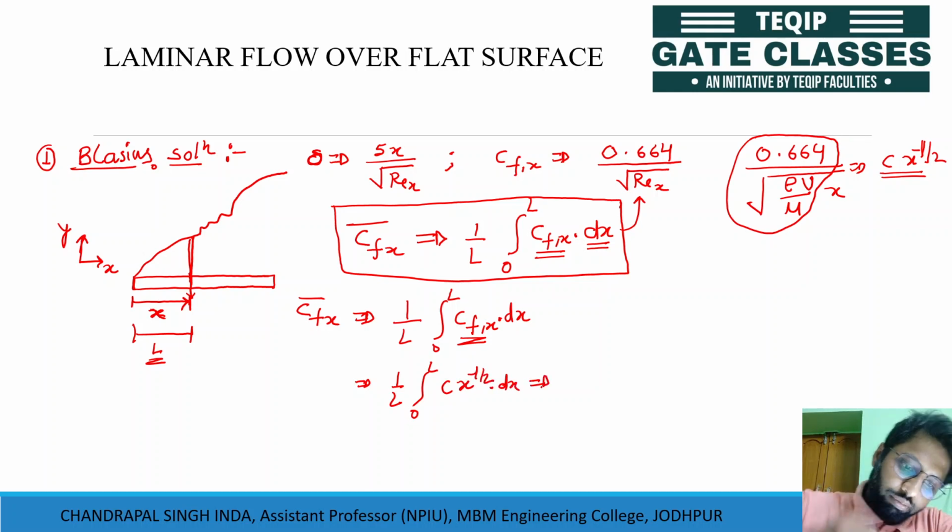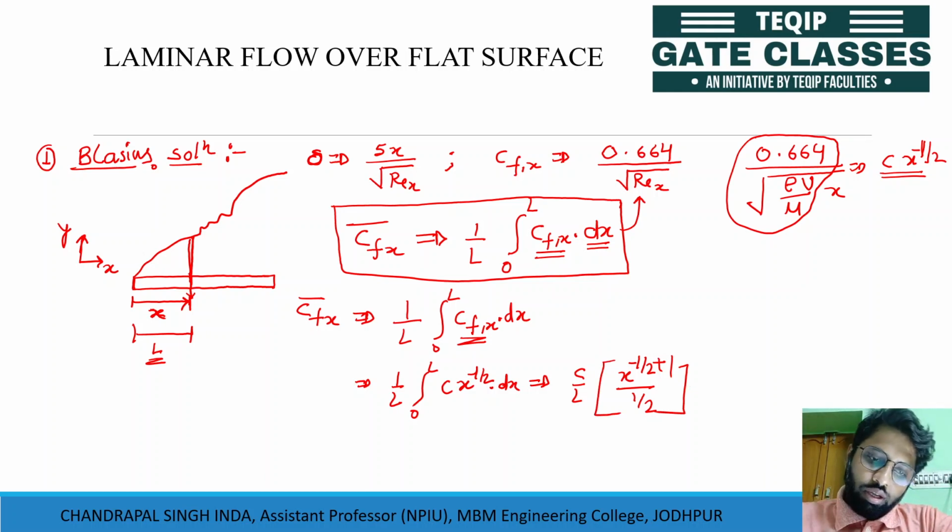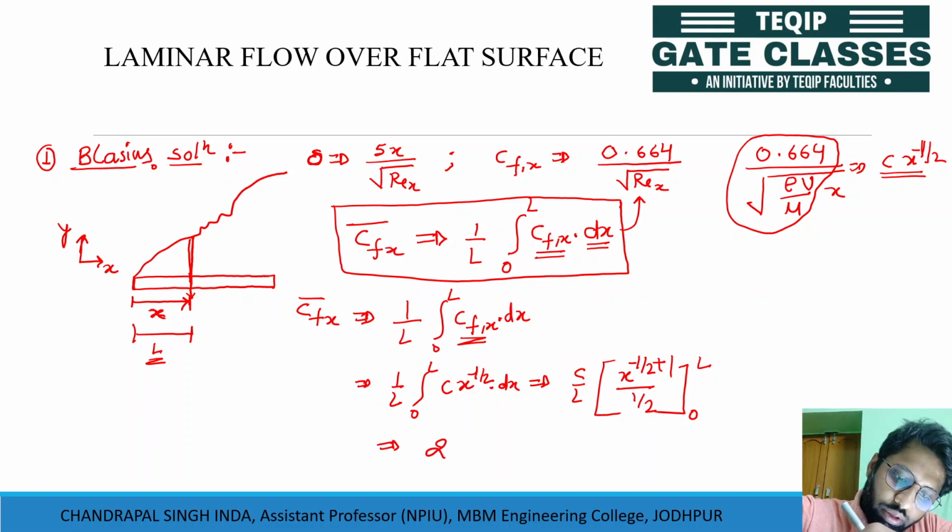Then we have c by L, x raised to minus 1 by 2 plus 1 divided by 1 by 2, from 0 to L, and we will have 2 into constant into L power minus 1 by 2.